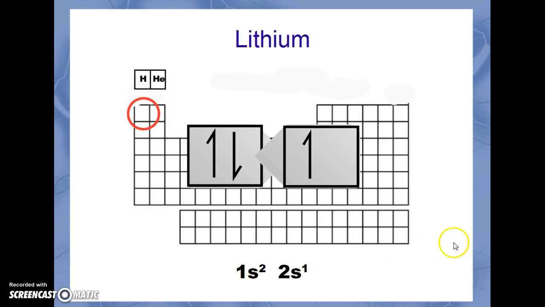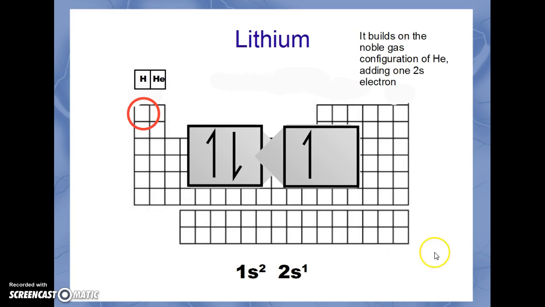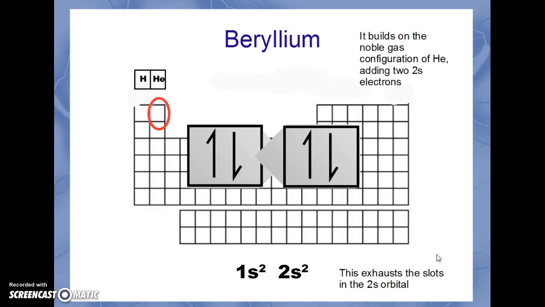Lithium 1s2, 2s1. It builds on the noble gas configuration of helium, adding one 2s electron to the helium configuration of 1s2. Beryllium, 1s2, 2s2. This exhausts the slots in the 2s orbital.